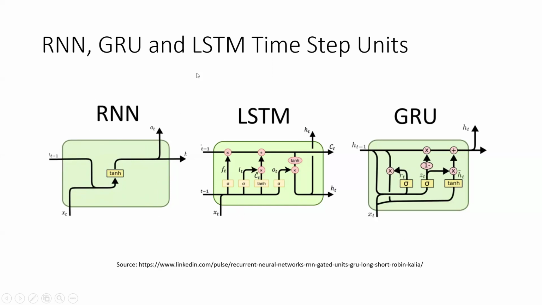The GRU is almost the same when it comes to the hidden state input and output, but the internal structure is different. LSTM has another state known as the cell state, other than the hidden state. So it is a little bit different.